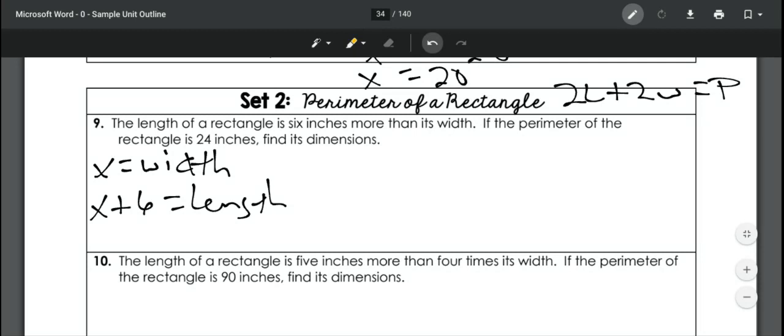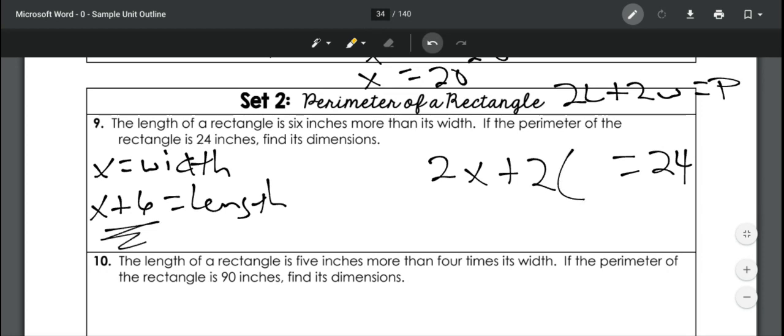So if the perimeter is 24 inches, we're going to do 2 widths. So we're going to do 2 x's plus 2 lengths. So 2, and since the length is like another quantity, we have to do times x plus 6 in parentheses.